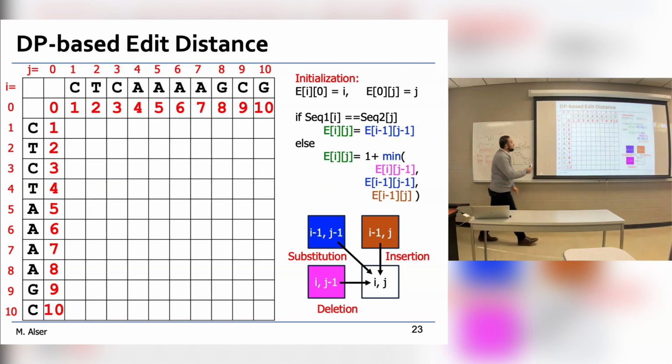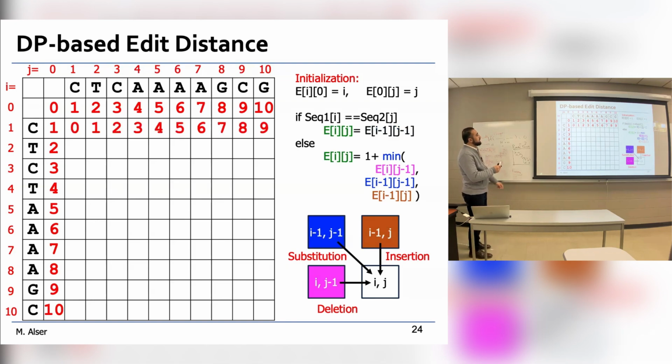In the table, if C is similar to C, then I'm going to get the value over here to here. And we call it the upper left diagonal value, which is this. So this is upper, this is left, and this is upper left. That is in the case that two characters are similar.